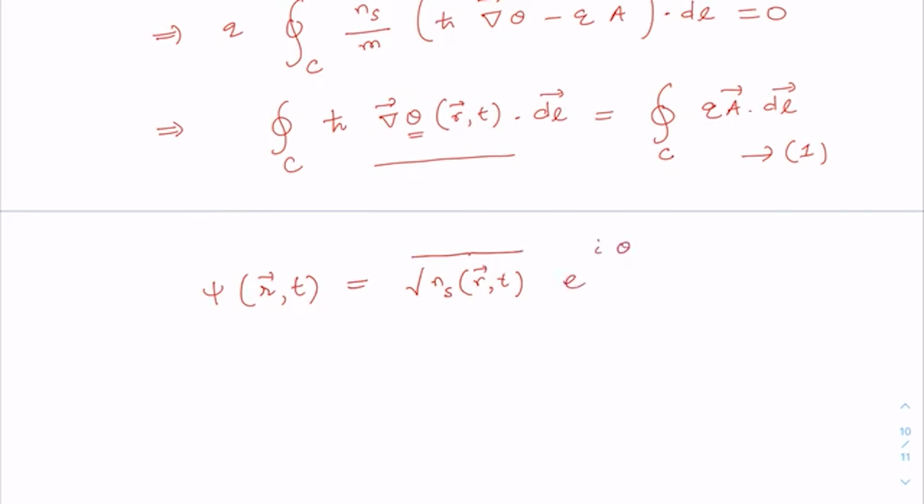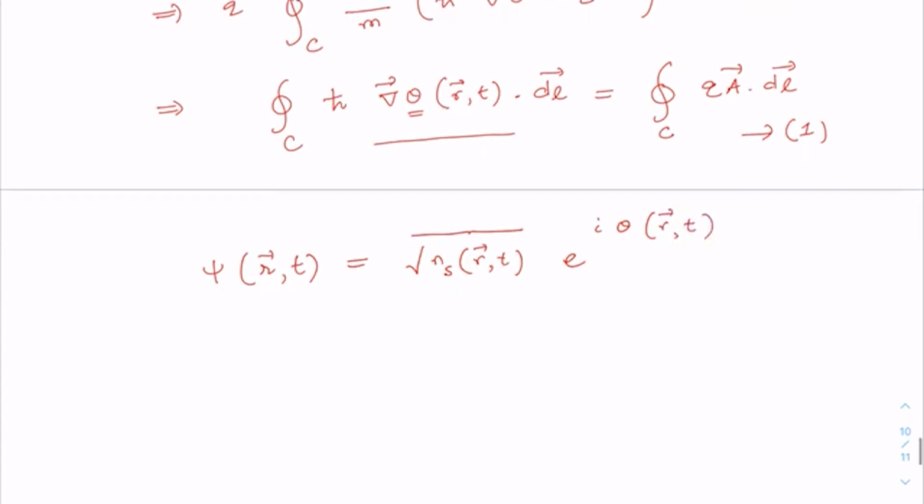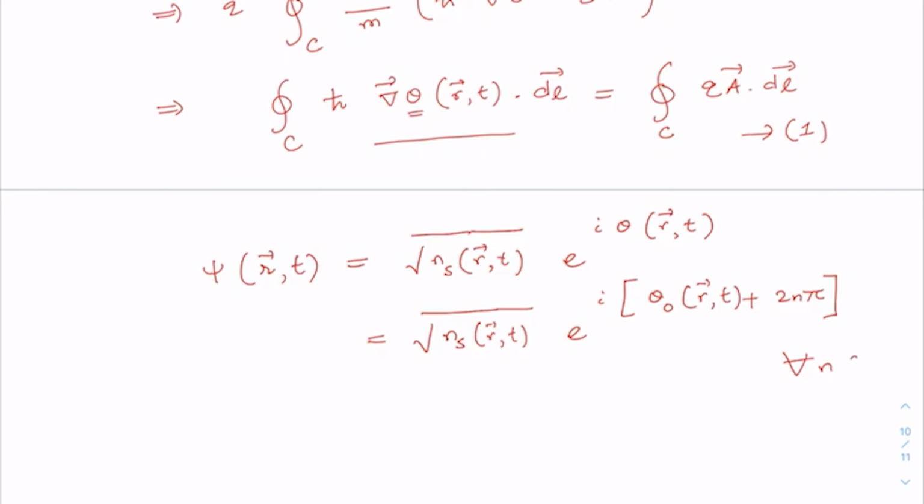Theta is the common phase of these Cooper pair electrons, and we are going to get the same thing if we write e to the power i theta 0 of r,t plus some integral multiple of 2 pi, where n is an integer, n in Z.